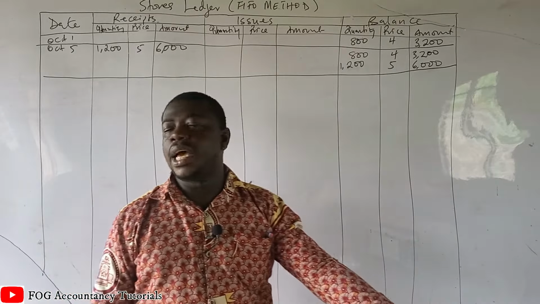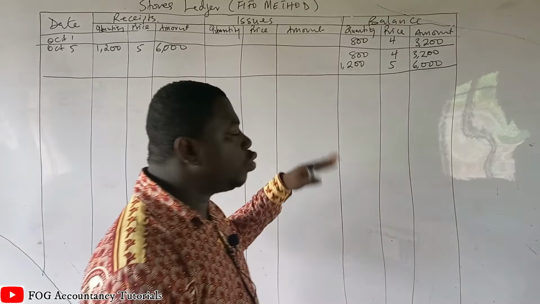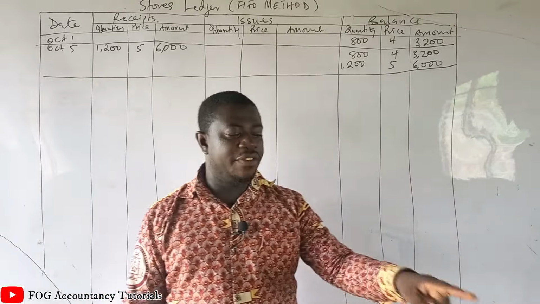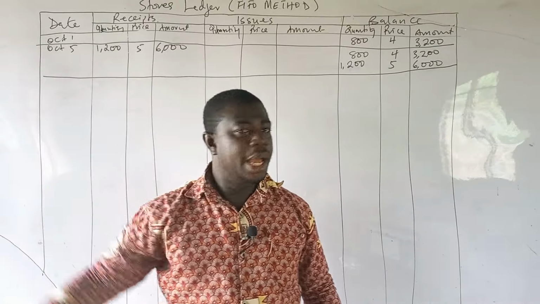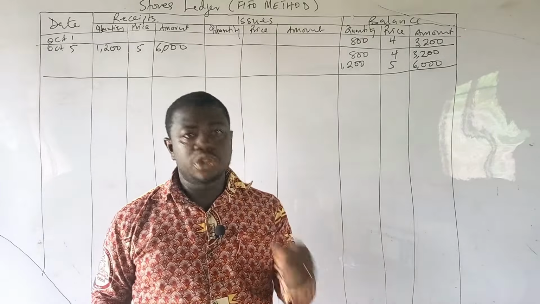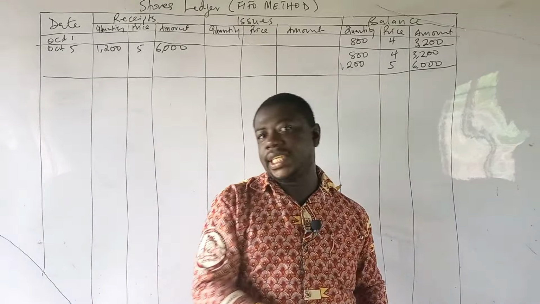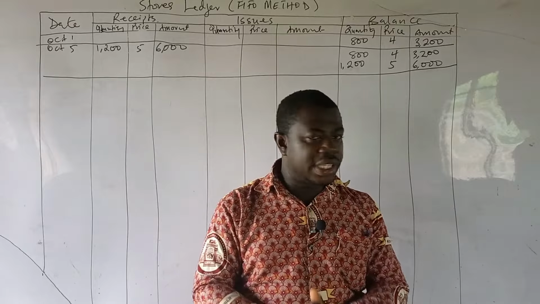The sales price of 8 cedis that has been given to you is not supposed to be used to do the issue. The reason why they have given you that is for the profit statement that we are going to prepare. But for the stores ledger, we focus only on the purchase prices alone. So even though they have given you 8 cedis as the sale price, please and please again, do not use it.